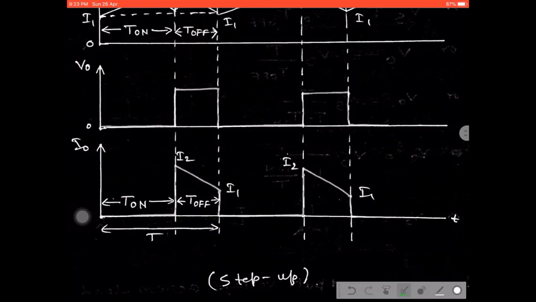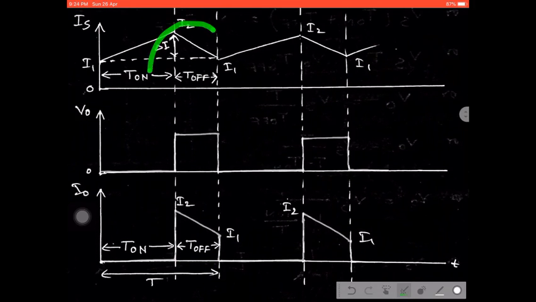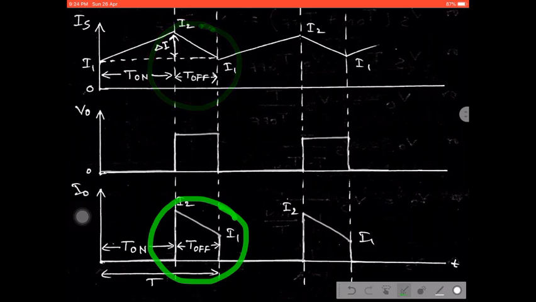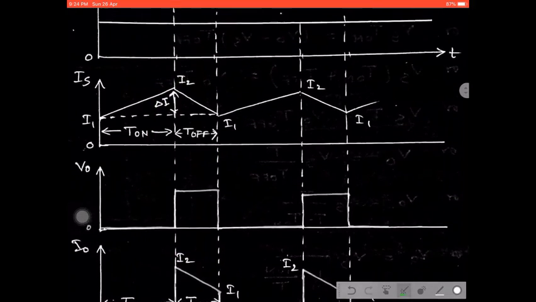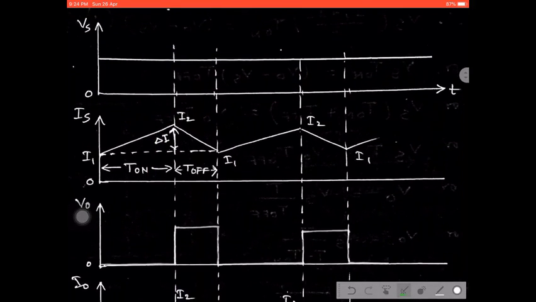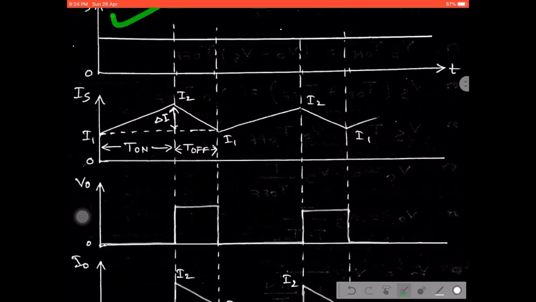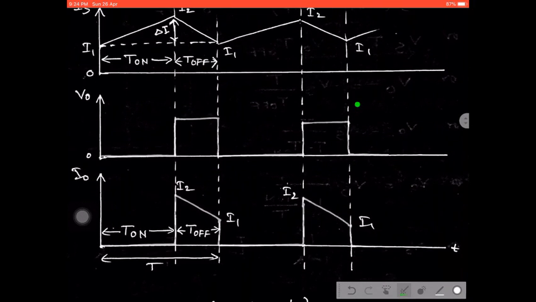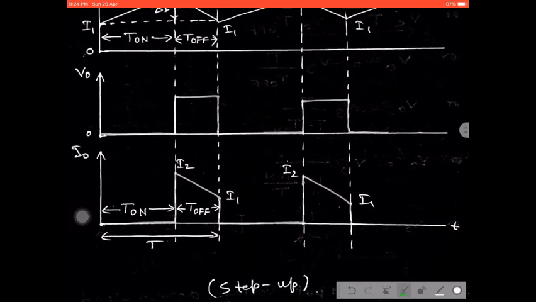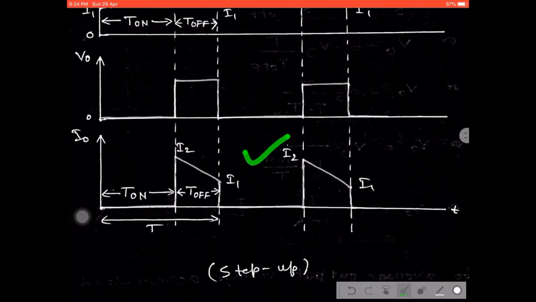That is why this current follows the inductor discharging current. So this is the waveform for output voltage and output current. Here we are using a constant DC, but ultimately the output voltage is pulsating DC. That means the average can be varied with respect to the input, and this is the output current.